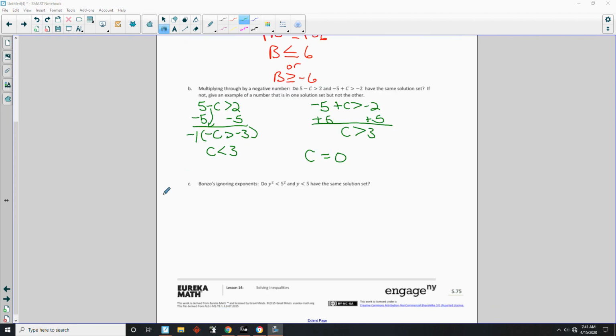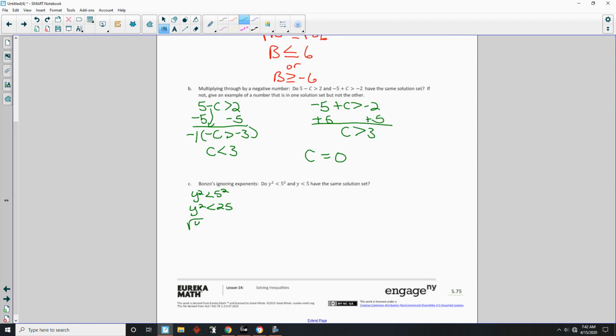Okay, part C says, ignoring exponents, do y squared less than 5 squared and y less than 5 have the same solution set? So let's check. If I have y squared is less than 5 squared, that would be y squared is less than 25.